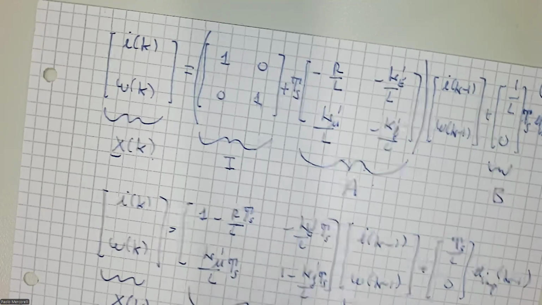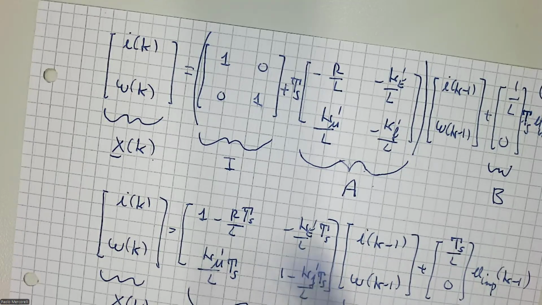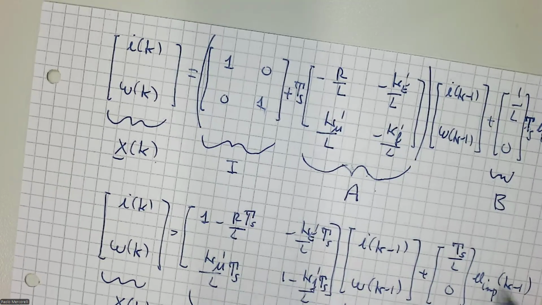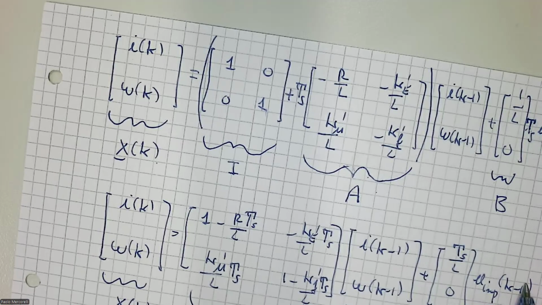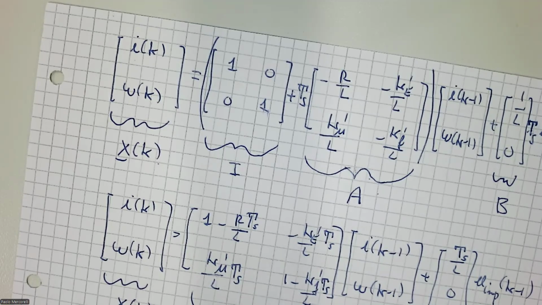We can see that they are connected, but not only for this element here. If this is 0 and this is 0, or almost 0, I can put also a very large U input, independent of how small this is, but the dynamics are not connected. This means if Ts is too small, as I told you also last time, we don't have a very well controllable system. We will see that we will not have also a very well observable system. This means Ts should not be too small.